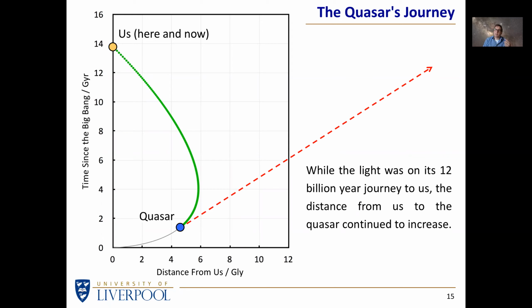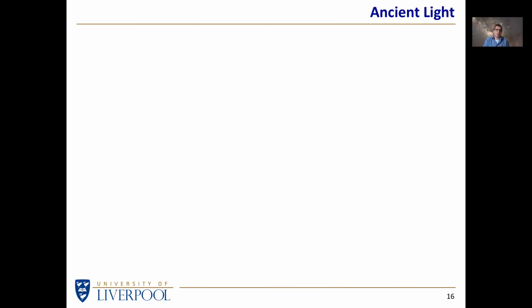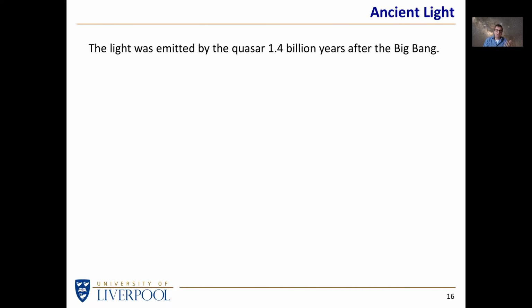So finally, I'd like to finish with some prose, which is what I was thinking about when I realized I'd managed to catch the light from the quasar. It is the equivalent of the diagram showing the green line there, but written out in words. The light was emitted by the quasar 1.4 billion years after the Big Bang, 12 billion years ago.